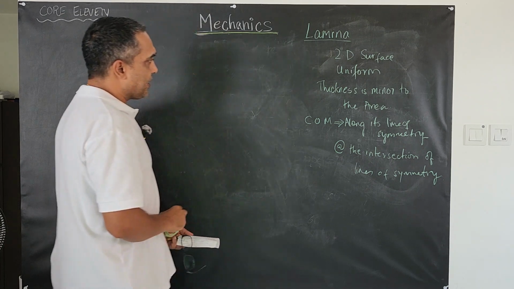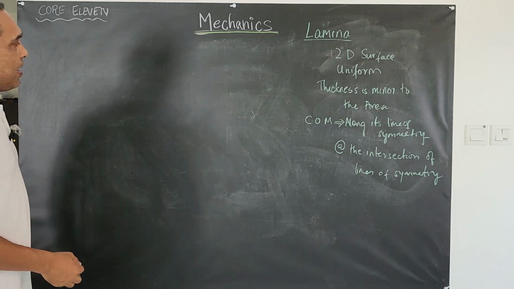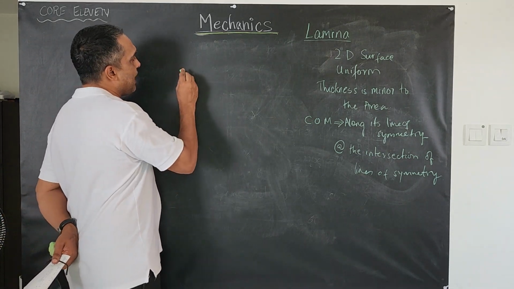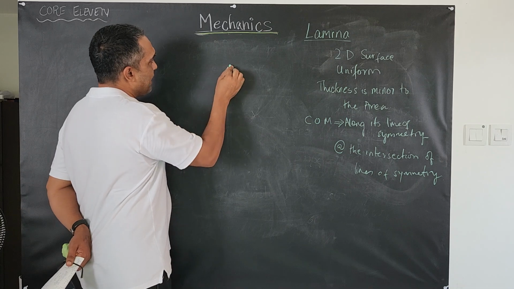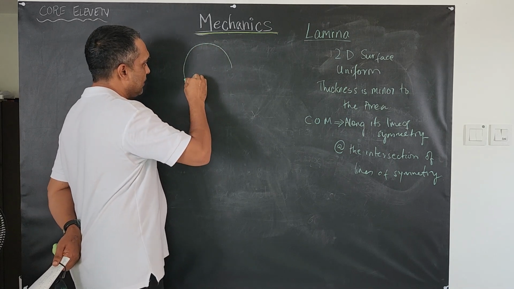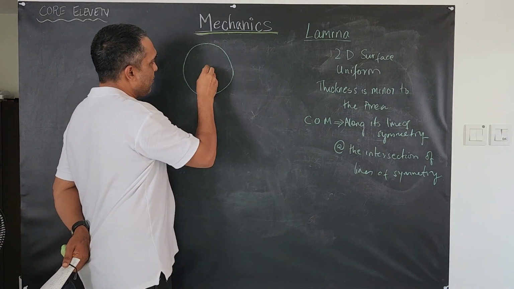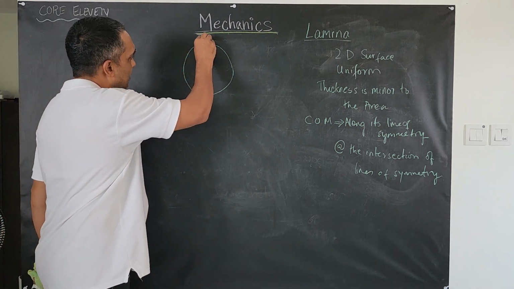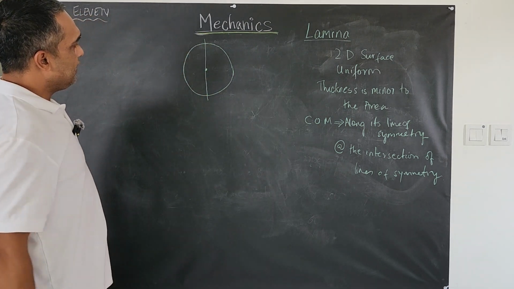Now there are some other things that you should probably keep in mind, and I think what we'll do is I'll touch upon it. So you could have a state where, hey, I know a circle, and I know its center of mass is this way, but what happens if I now cut the circle into two, right?